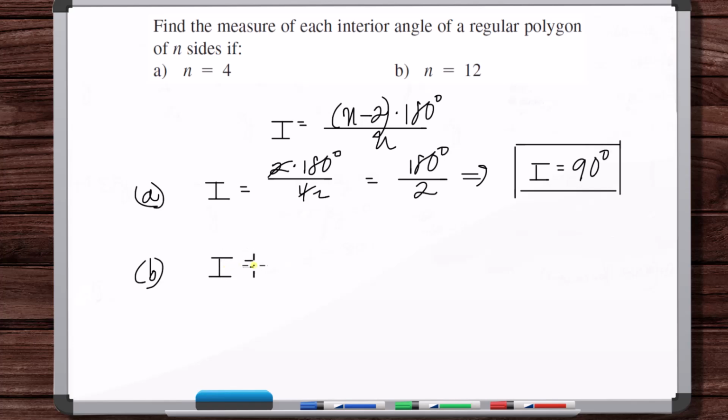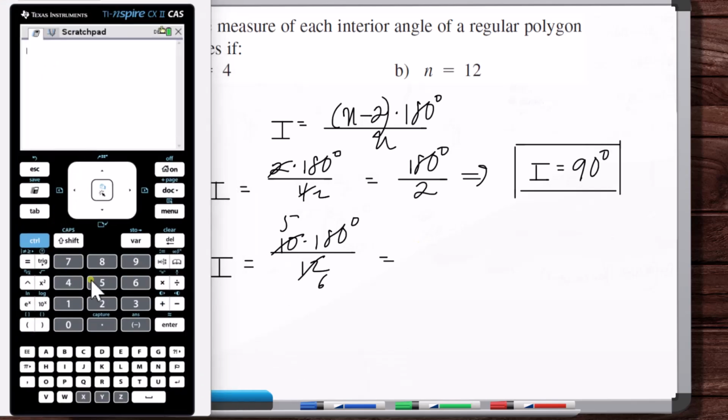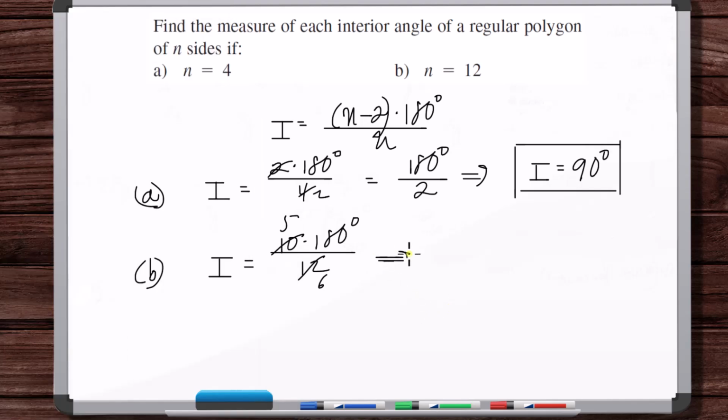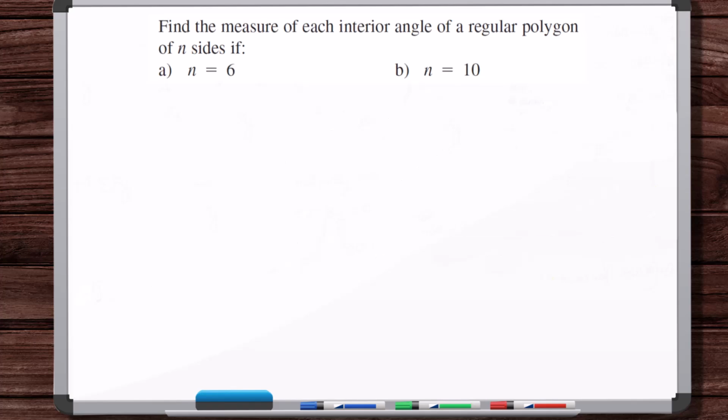Now, if n is equal to 12, you've got 10 times 180 over 12. So, let me get a calculator for this. 5 times 180 divided by 6 is 150 degrees. Okay, same question. So it's going to be n minus 2 times 180 over n.